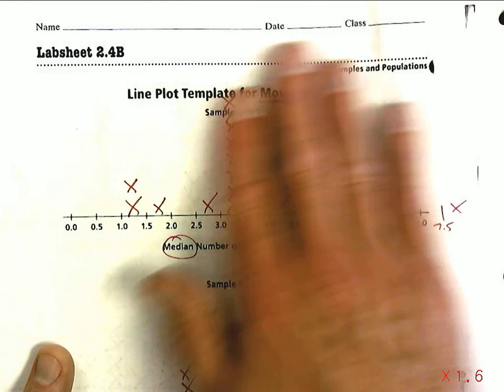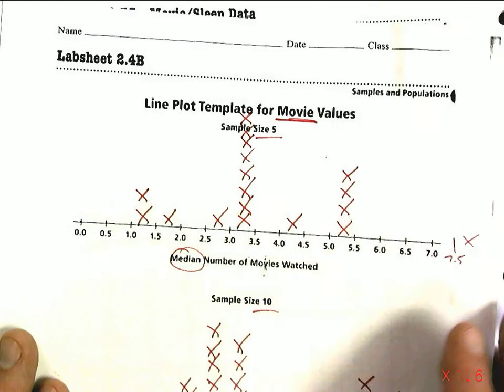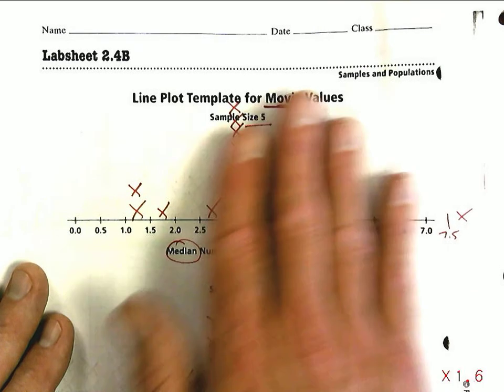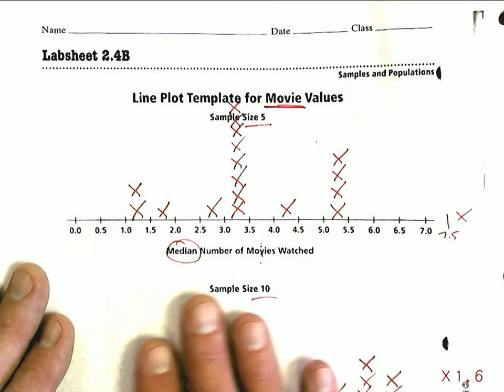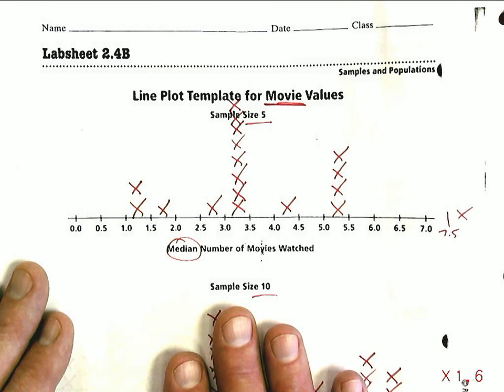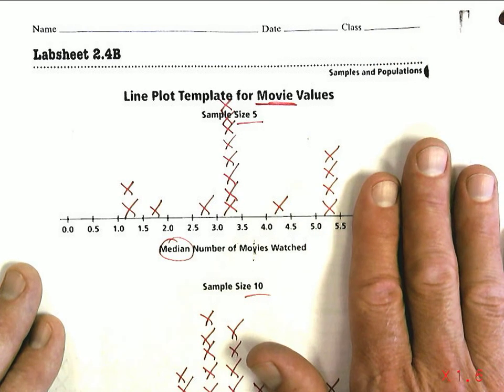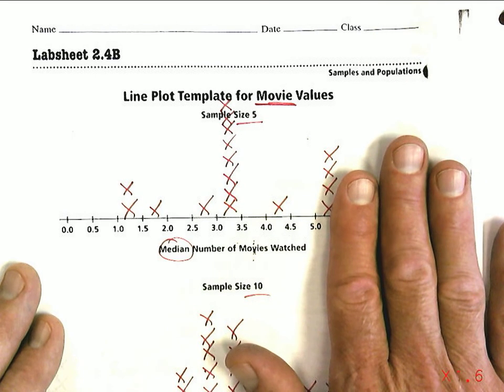So if you're doing this again at home, you're probably going to need to be in a class where you can share data with other students in order to see how this actually works. But the basic process that I went through is one that you can use at least to get started on this activity and see how it works for you. So that's lesson 2.4.